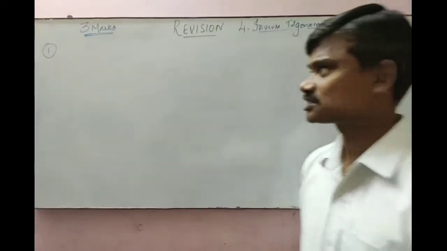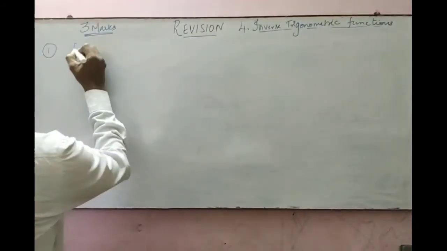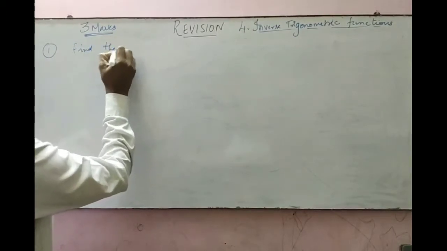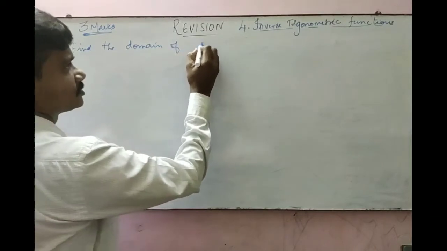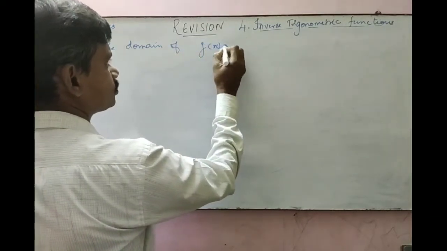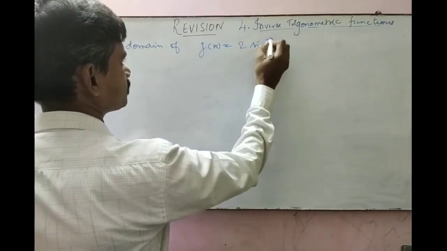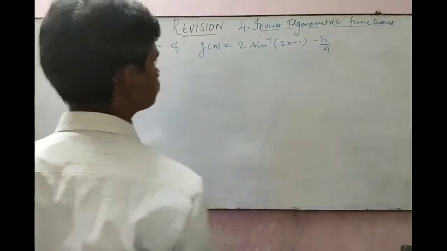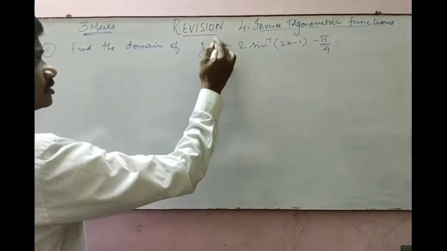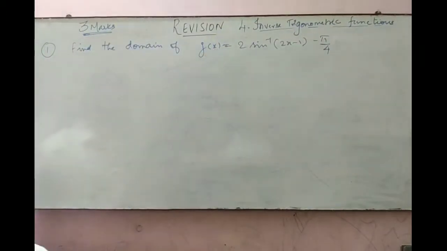In this, the first sum is find the domain of g of x is equal to 2 sin inverse of 2x minus 1 minus pi by 4. So this is the first 3 mark question.